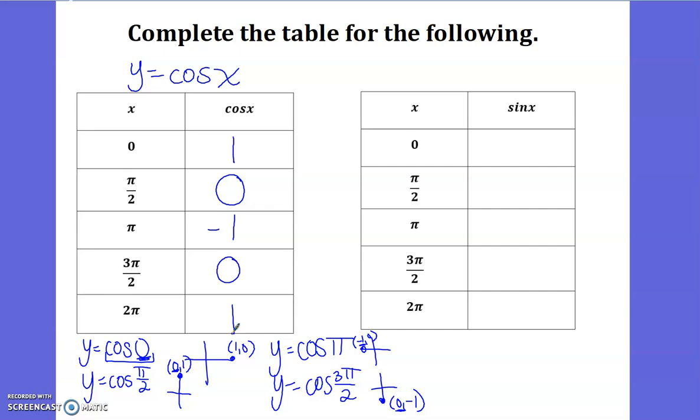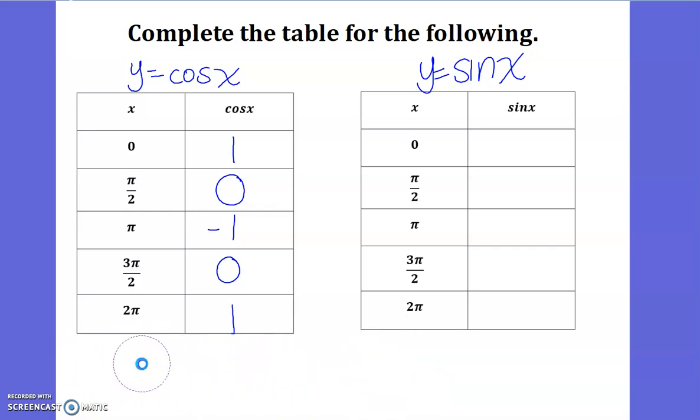Okay, we're going to do the same thing if we were trying to graph y equals sine of x. So we're going to plug in those quadrantal angles and see what we get for these values when it's sine. If we're evaluating y equals sine at 0, well, we just saw that the ordered pair was (1, 0). Sine is all about the y, so the y value there is 0.